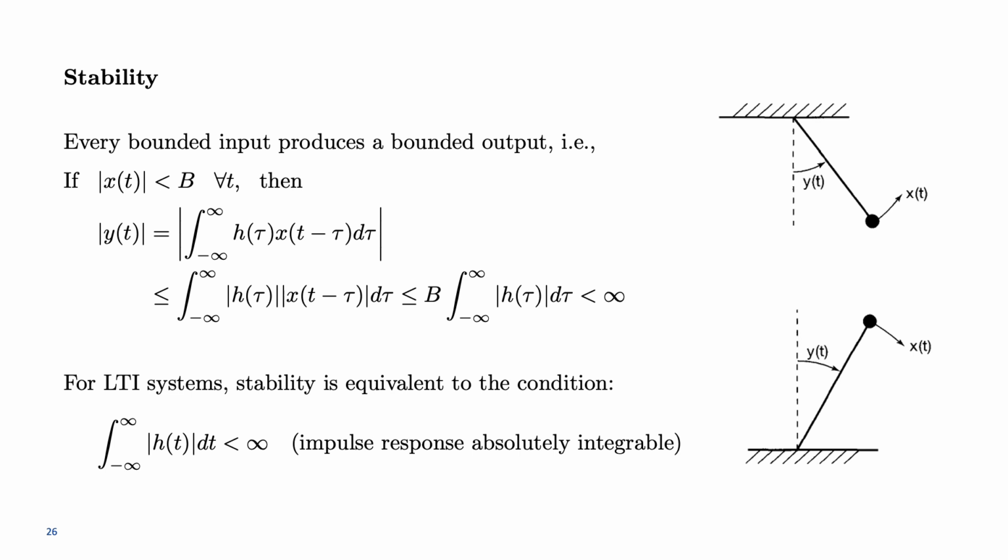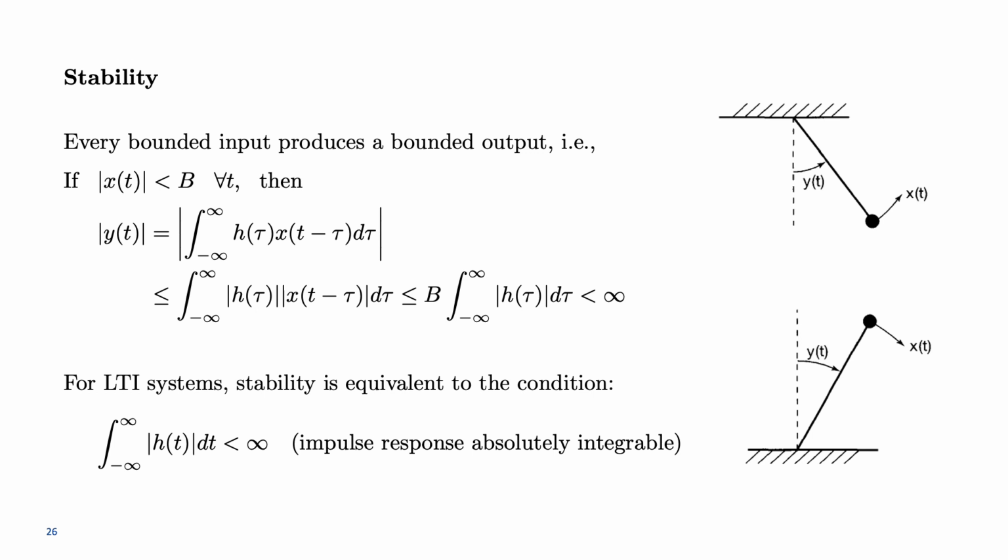Well, we can just calculate the output with the definition of convolution that we learned today. So y of t is the integral between minus infinity and infinity of h of tau x of t minus tau d tau, which is the convolution integral between x and h, or h and x. It's the same because of the commutative property.